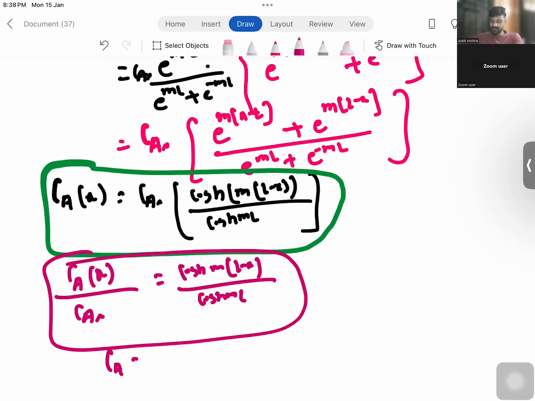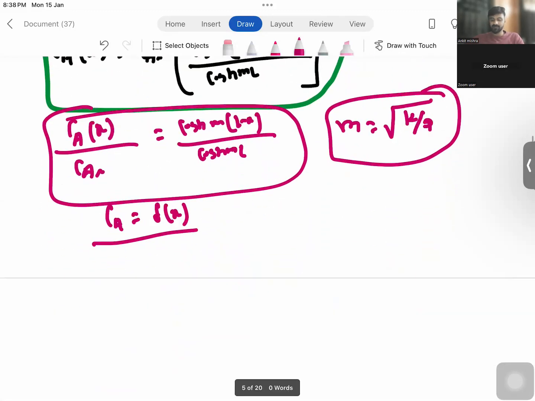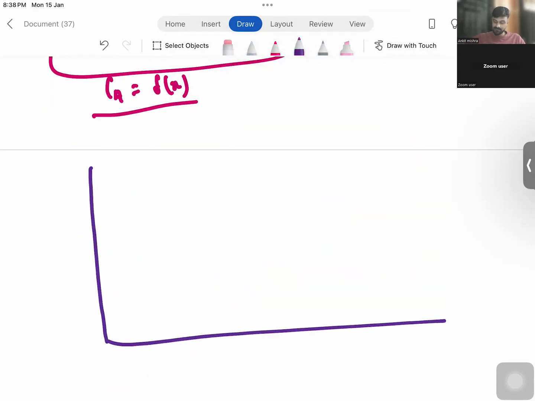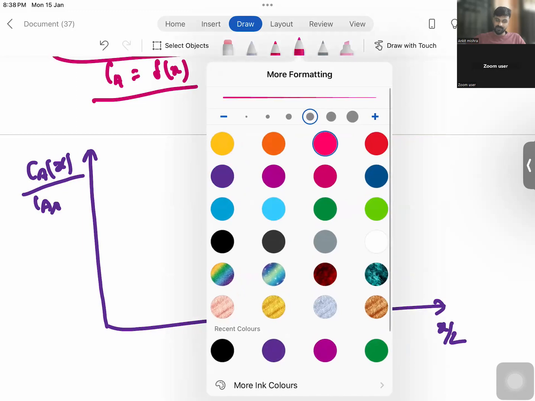And here you can see Ca is a function of x, obviously, and m equals root over k by D, right? m equals root over k by D. So if I'm talking about the graph of this particular equation, how it will look: Ca of x divided by CAS, that is the surface concentration, versus x by L. So it will look this way.